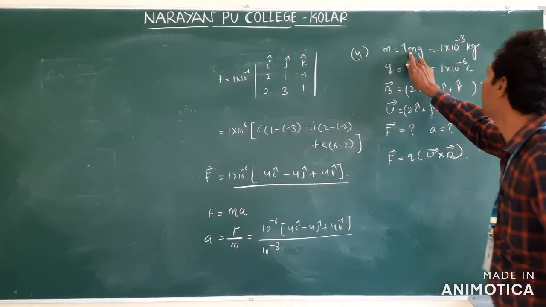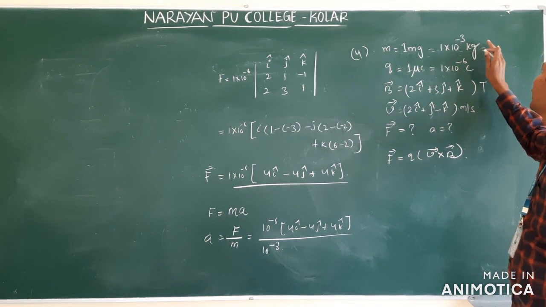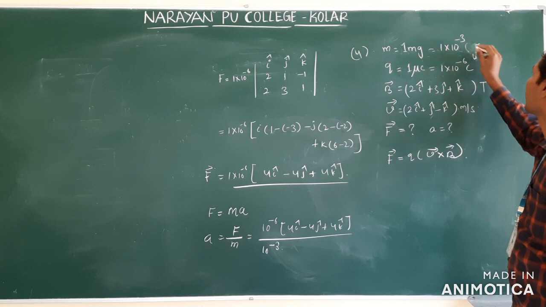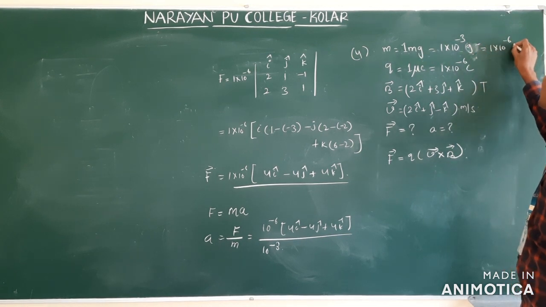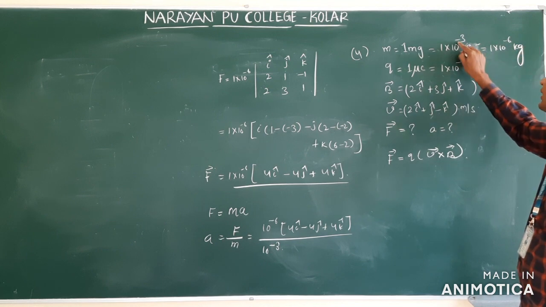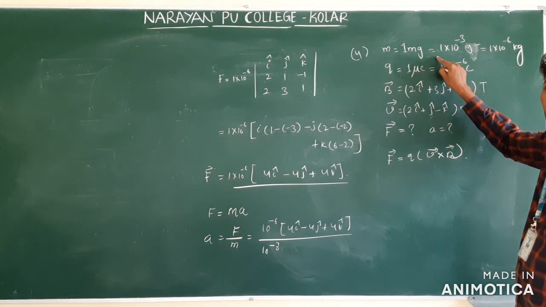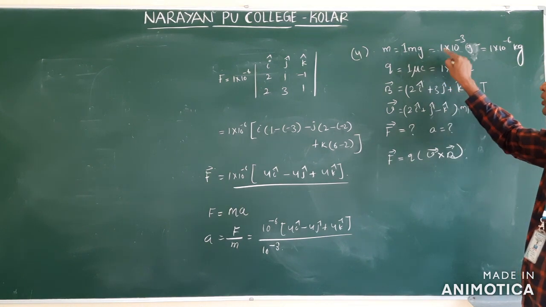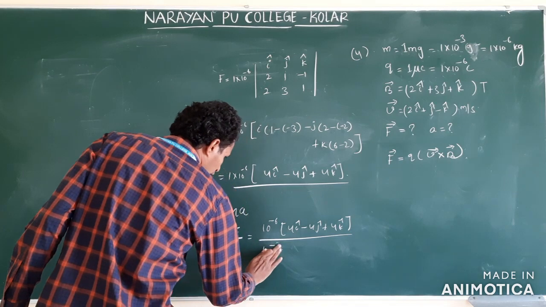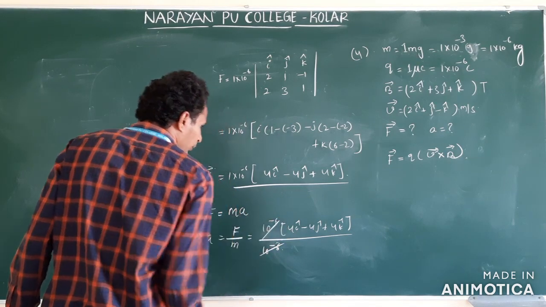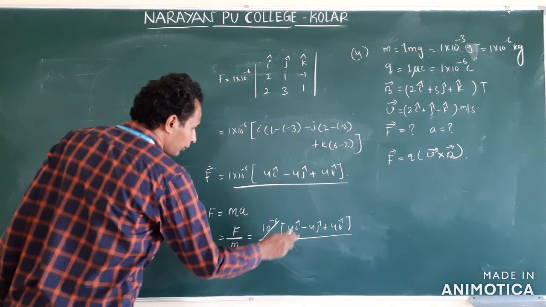We converted only the milli; gram we need to convert. So this will be 1 into 10 power minus 6 kg. 1 gram is 10 power minus 3, so minus 3 minus 6, so this is minus 6. This will be cancelled. So that is the final answer in vector form.